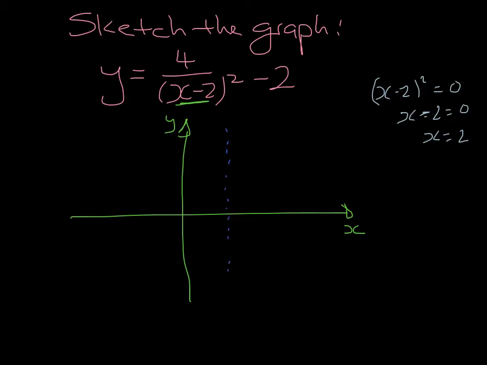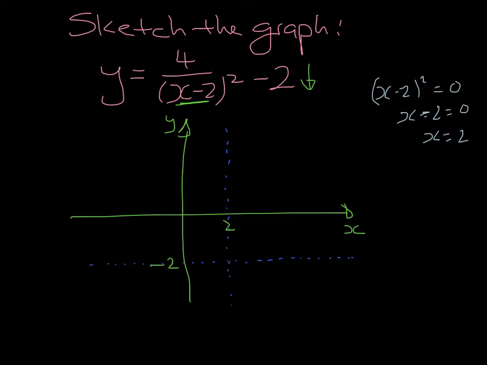There's going to be an asymptote at x equal to 2. And the graph has been shifted down by 2 as well, so that tells us that we'll also have another asymptote at y equal to negative 2. So that one will come through around about here somewhere. That's at negative 2.